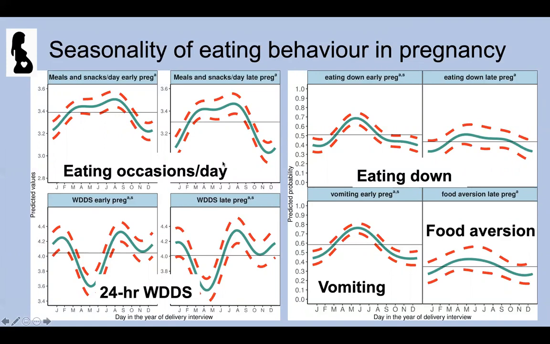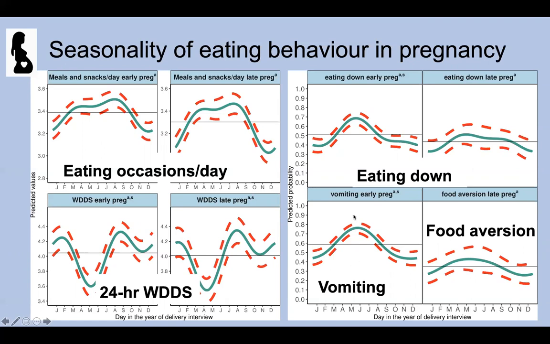So if we look at, for example, the eating occasions per day, we can see that there's a trough here in November, December, whereas for the women's dietary diversity score, we see that it is lowest in the very hot season in May, and there are two peaks in the winter and again in the monsoon.